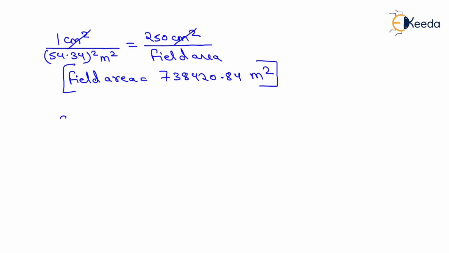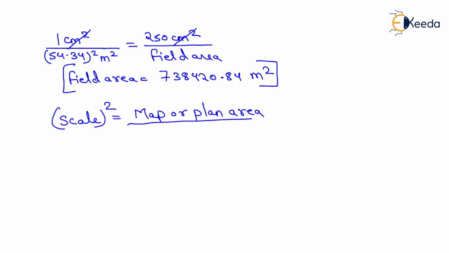So the before shrinkage scale will be used: scale square is equal to map or plan area before shrinkage divided by ground area or field area before shrinkage. Now we put the value of original scale here, that is 1 centimeter square upon 50 square meter square.